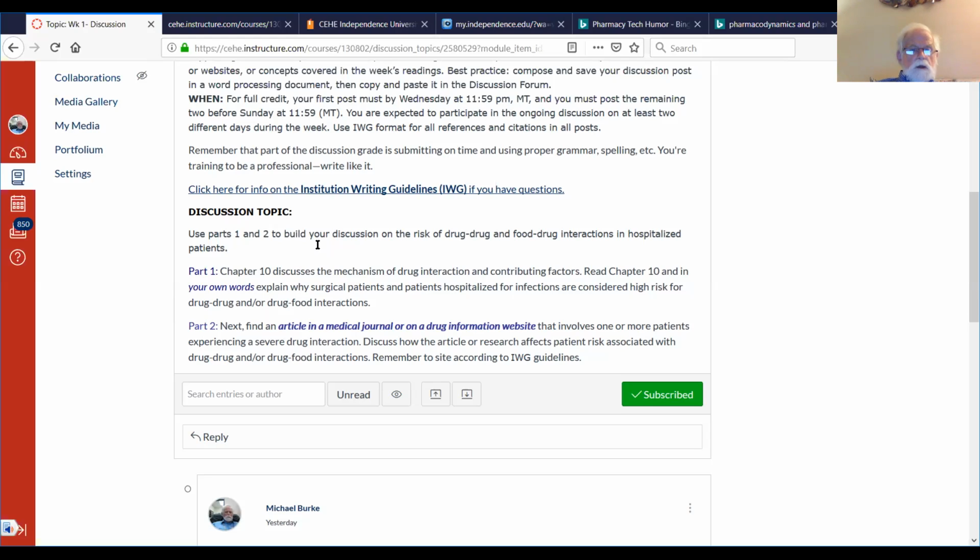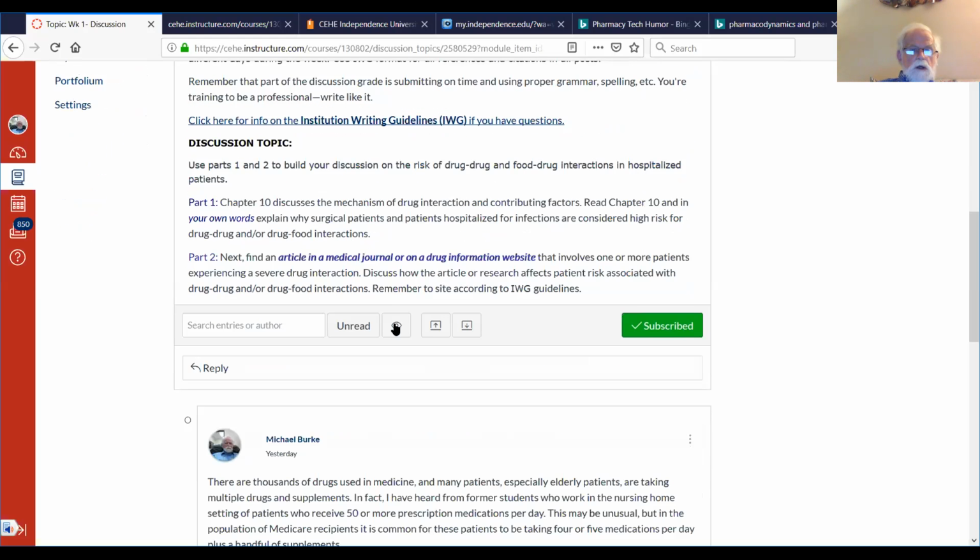So the next thing is to look up an article in a medical journal or on a drug information website, and there are plenty of them, that involves one or more patients experiencing a severe drug interaction.